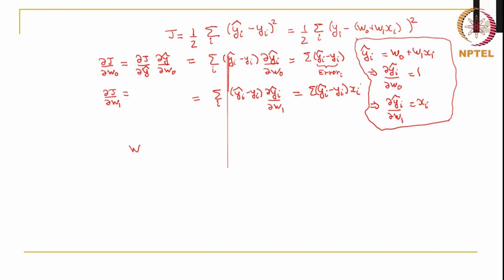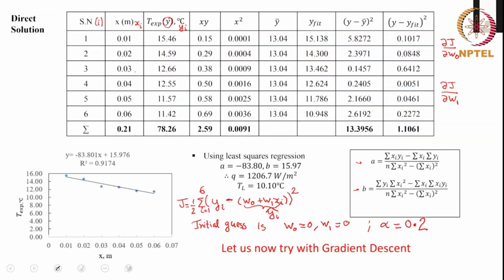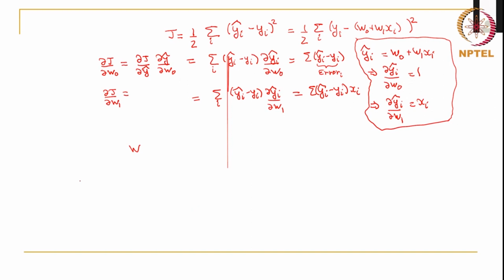Just in case, remember I had talked about this case where instead of a linear fit, we wanted to do a quadratic fit, and I had y hat I equal to W0 plus W1 xi plus W2 xi squared. What would I have had to do? What would be del J del W2 now?